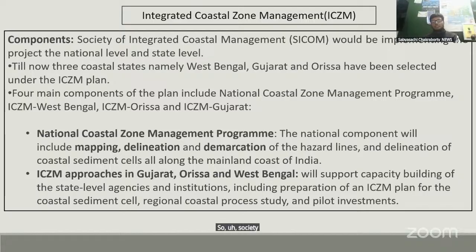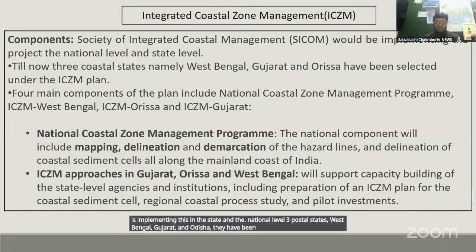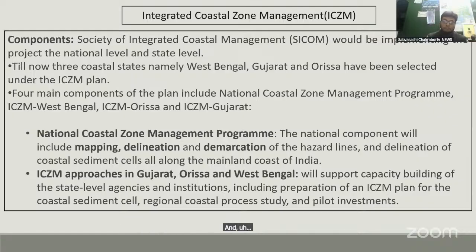Society of the Integrated Coastal Management Plan is implementing this at the state and national level. Three coastal states, West Bengal, Gujarat, and Odisha, have been selected under ICZM and the National Coastal Zone Management Program.